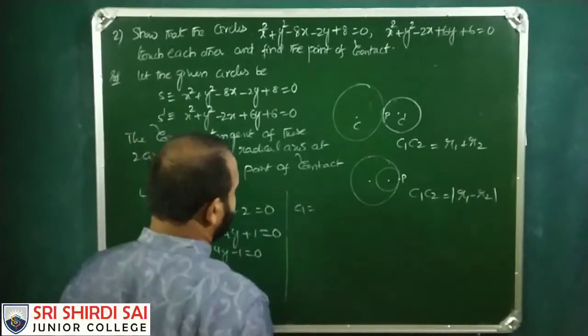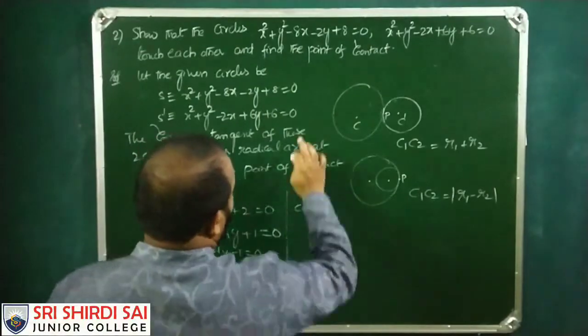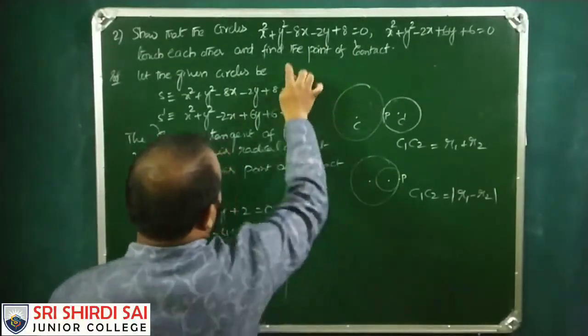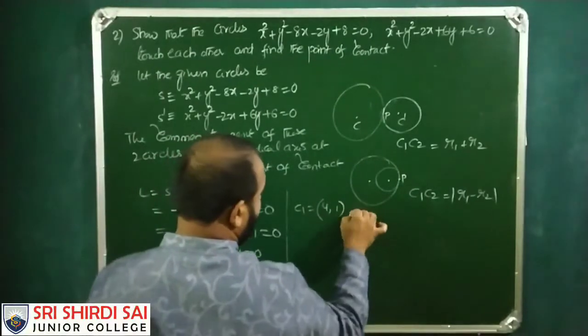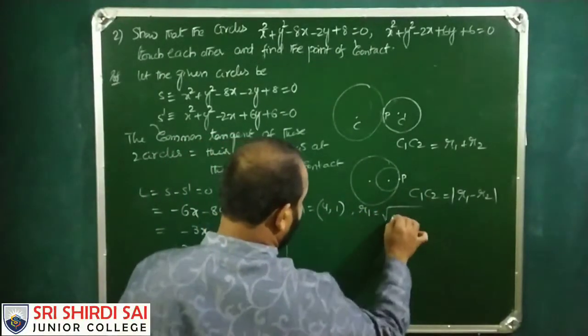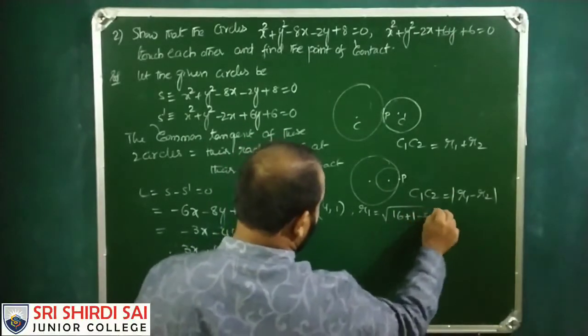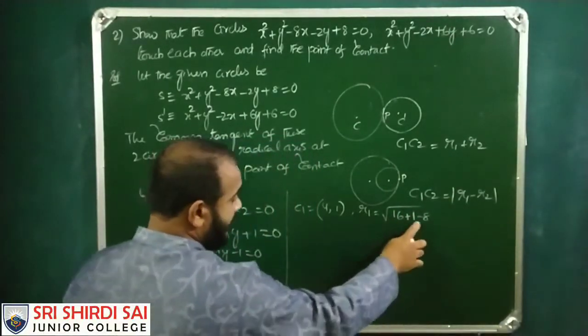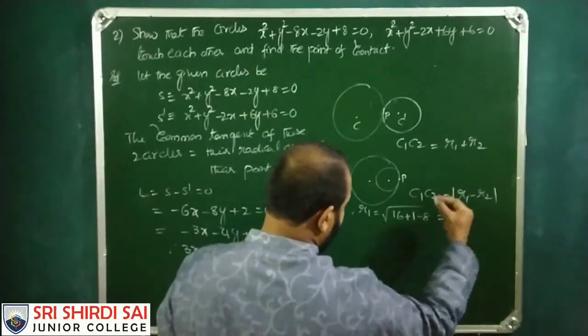C1 is the first circle center, (4, 1). Radius is square root of 16 plus 1 minus 8, that is 16 plus 1 is 17, minus 8 is 9. This is 3.